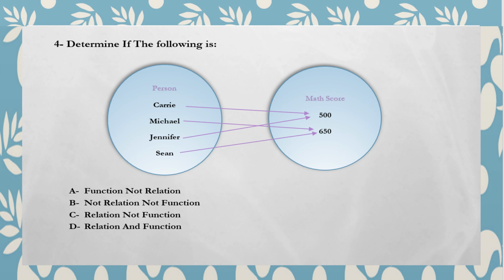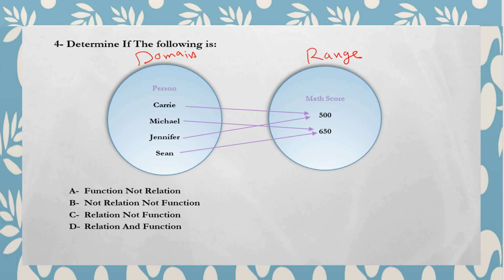Another example, determine if the following is function not relation, not relation not function, relation not function, or relation and function. The first set here is the person's name, and we can call this set the domain. And the second set is the math score, and we can call this set the range.